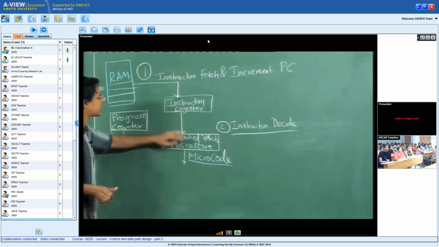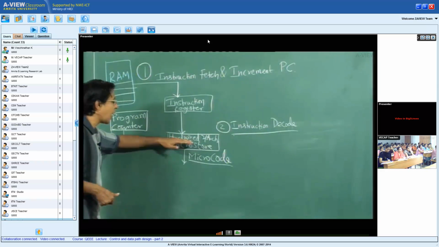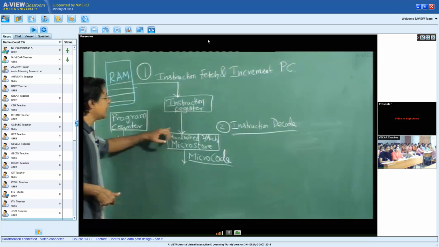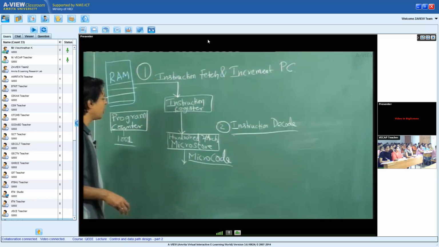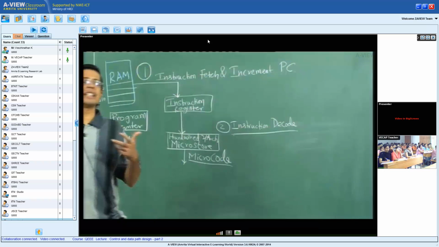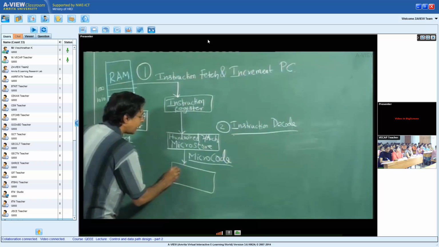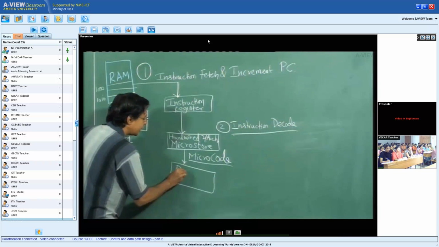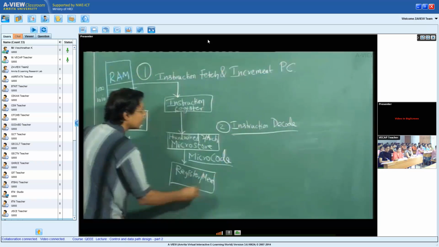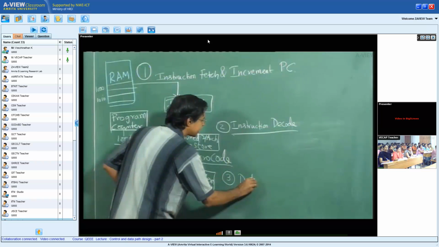So once an instruction is given to that decoder, it can be either a hardwired microarchitecture or a micro-programmed microarchitecture. You get back a microcode. Once the microcode is fetched, then in the last class I explained three stages, namely your data needs to be fetched, either from register or from memory. So that is the third stage, what you call data fetch.